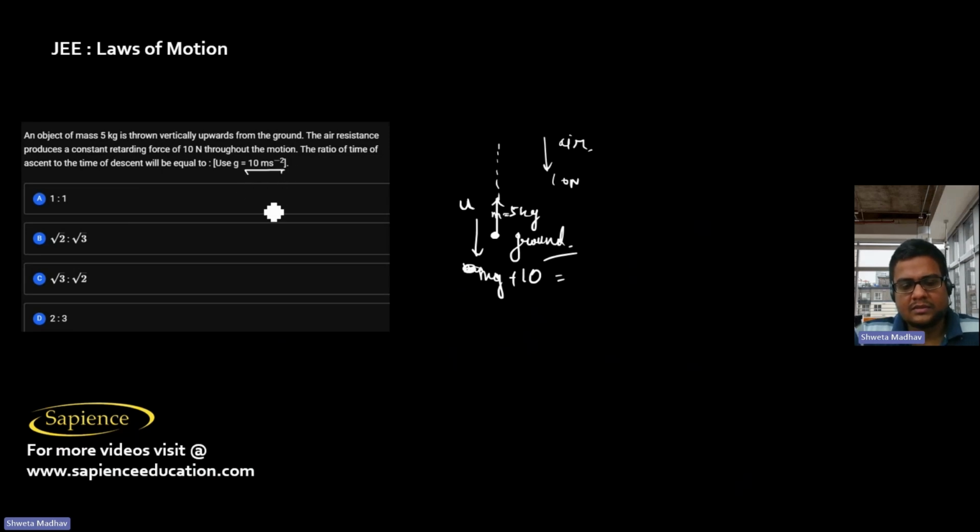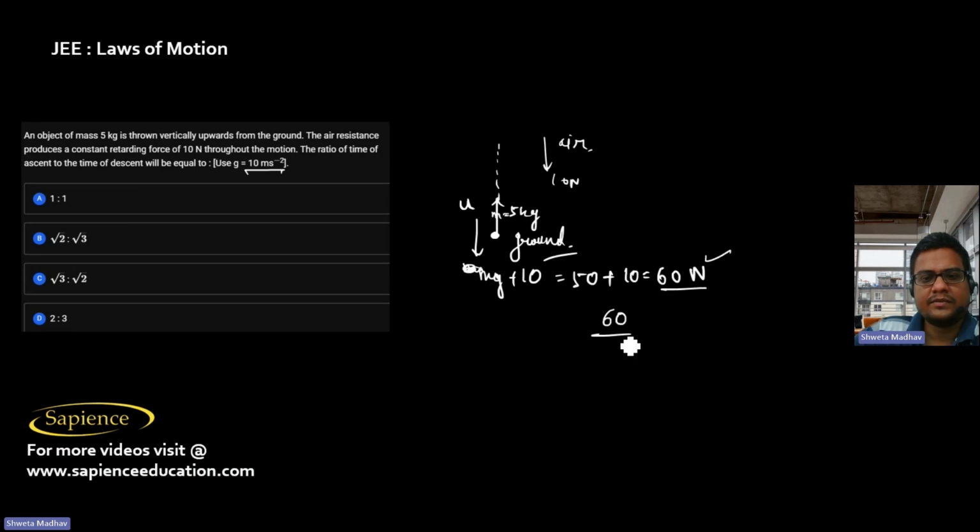So the weight is 50, plus 10, that is 60 Newton. 60 Newton force is the retarding force.